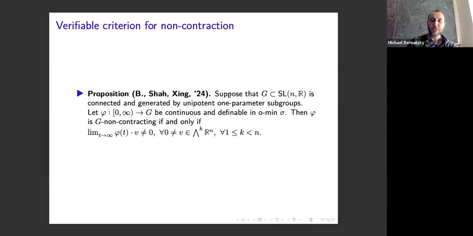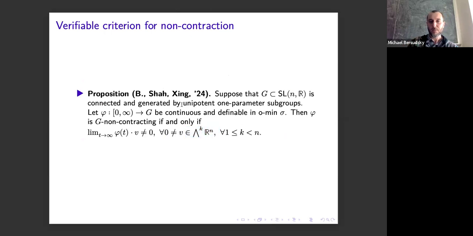And now I'll give you a quickly verifiable condition for non-contraction. Instead of considering all possible representations, it's enough to consider those exterior products. This is the main statement.